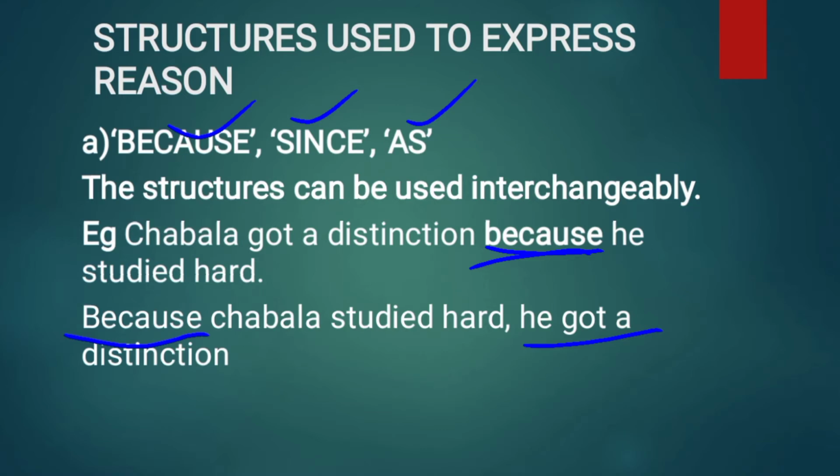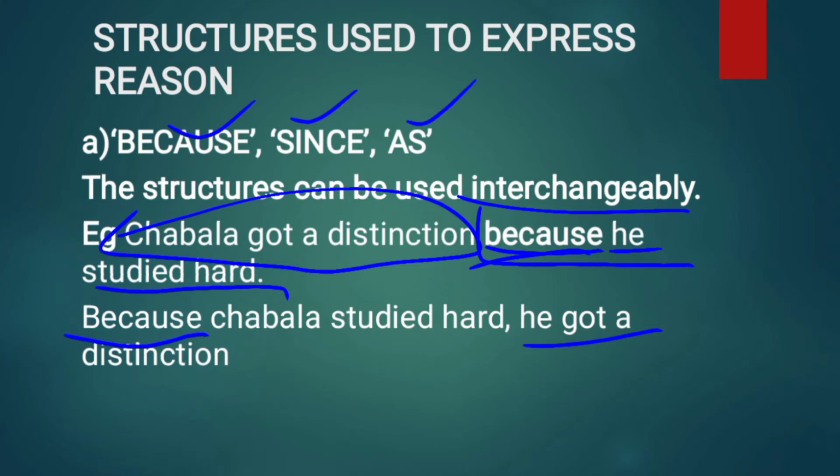So, because Chavala studied hard, look at this. The reason is that he studied hard. So sometimes you can start with this clause and then you connect it to this one. Now we cannot say because he studied hard, Chavala got a distinction. No, the principles of English do not allow us to do that.